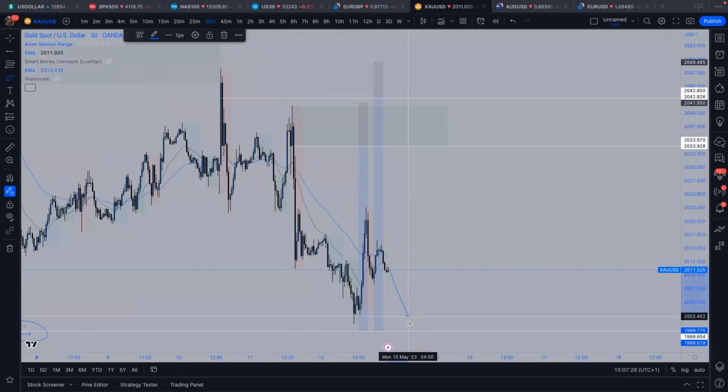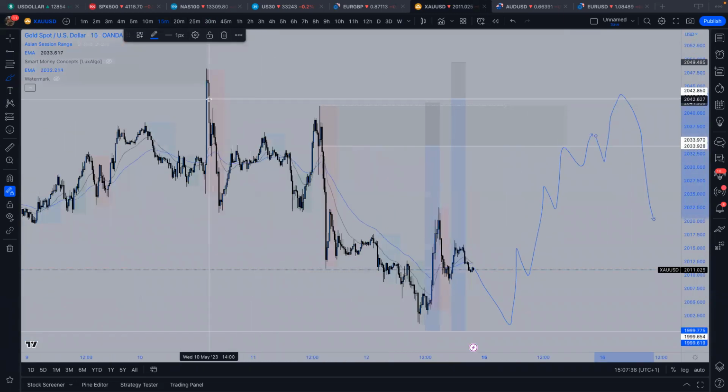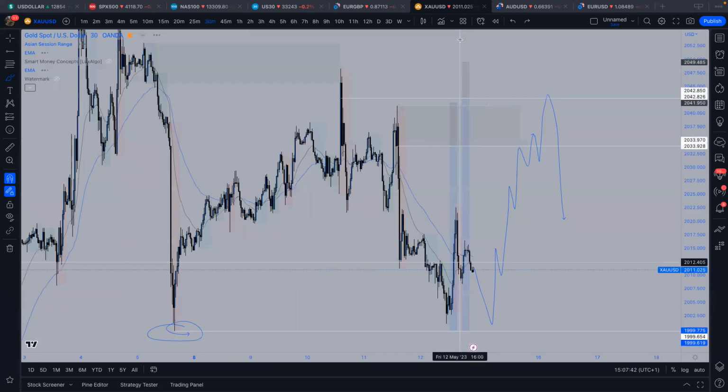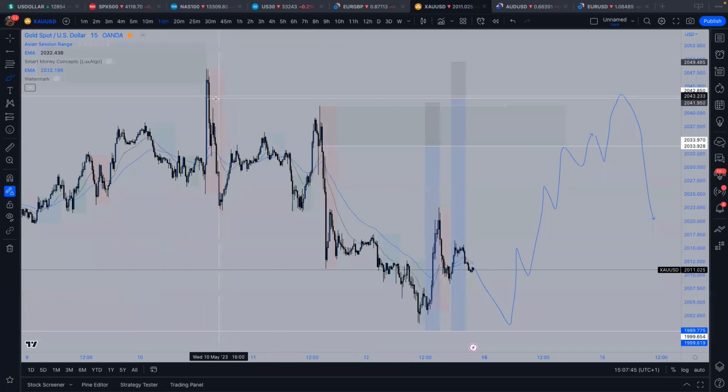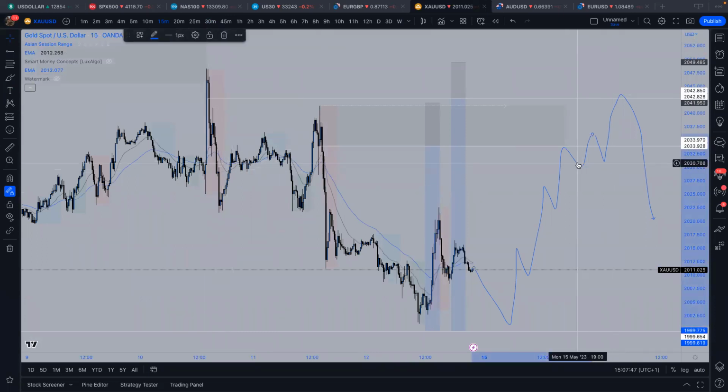Failing that, I do maybe think, because I feel like a lot of people are looking at this, we could either get a test from here, or we could just run it and then come a little bit lower. And if we were to run it, it would make sense, because we would just be filling this last little 15-minute imbalance. So that's really going to be a crucial point. These two are going to be crucial areas for me.